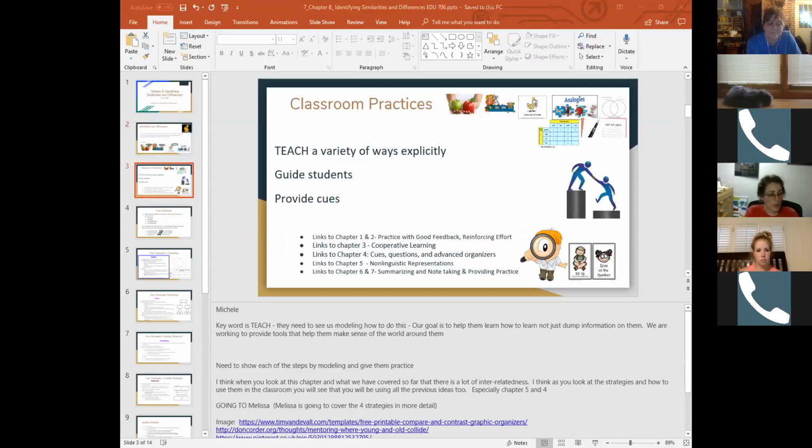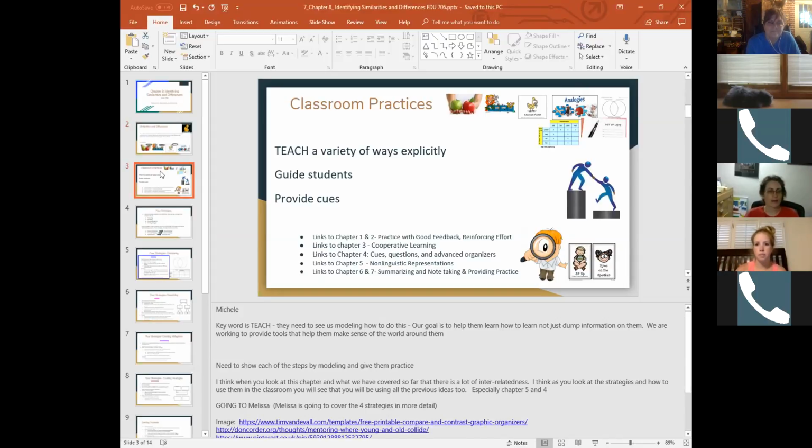I'm going to talk before that about how we can use it in the classroom. The key word, I think, for classroom practices is to teach. It's not something that a lot of kids are just going to get.